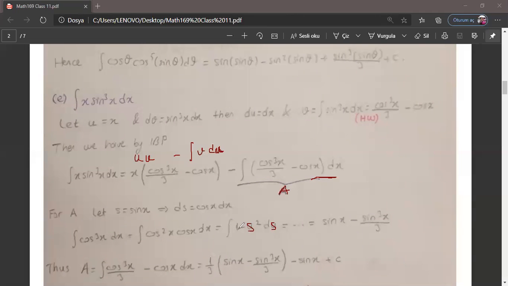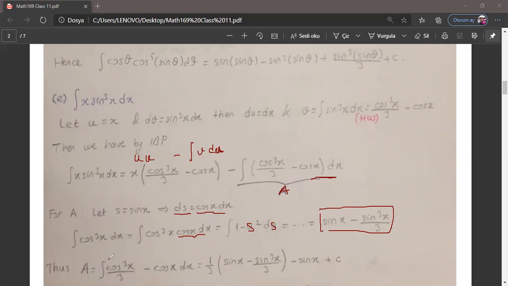So we have 1 minus s squared, and this part was exactly ds. Now this is a polynomial, it's easy to integrate, and you finally get this one. This is the result of the integral of cos cubed, not 1 over 3 times cos cubed.